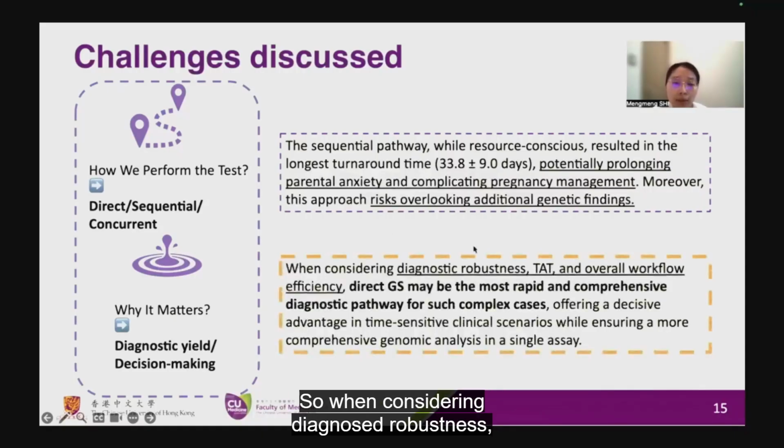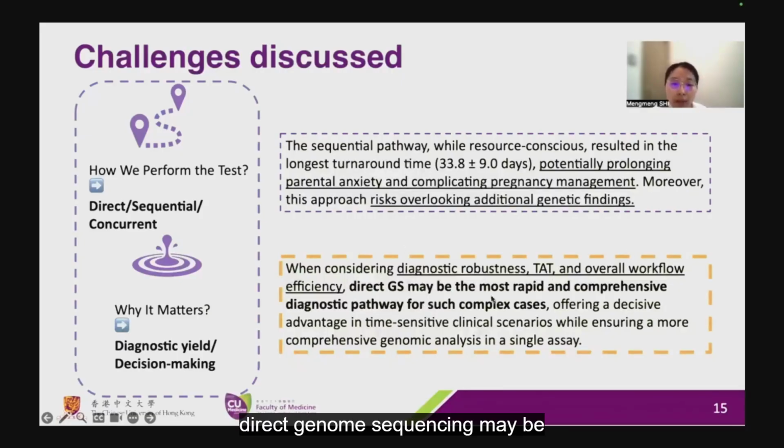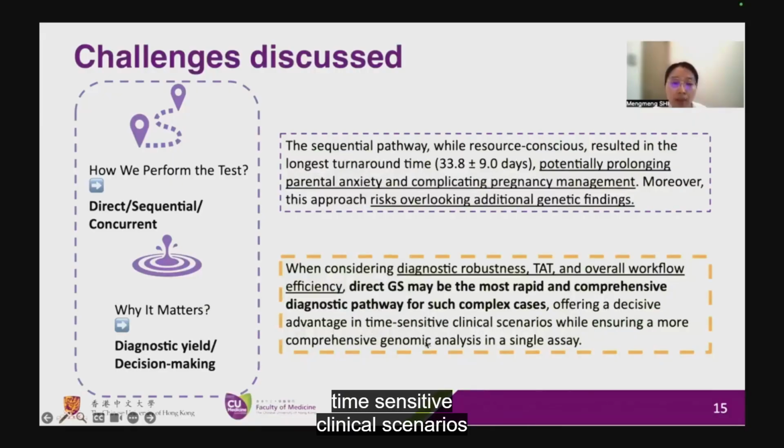So when considering diagnostic robustness, TAT, and overall workflow efficiency, direct genome sequencing may be the most rapid and comprehensive diagnostic pathway for such complex cases, offering a decisive advantage in time-sensitive clinical scenarios while ensuring a more comprehensive analysis.